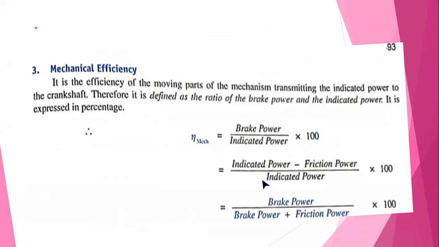The brake power can also be calculated using indicated power minus friction power, divided by indicated power into 100, or you can calculate directly brake power divided by brake power plus friction power. So using this relation also you can calculate the mechanical efficiency. Whichever one is easier, you can use it for calculation purposes.